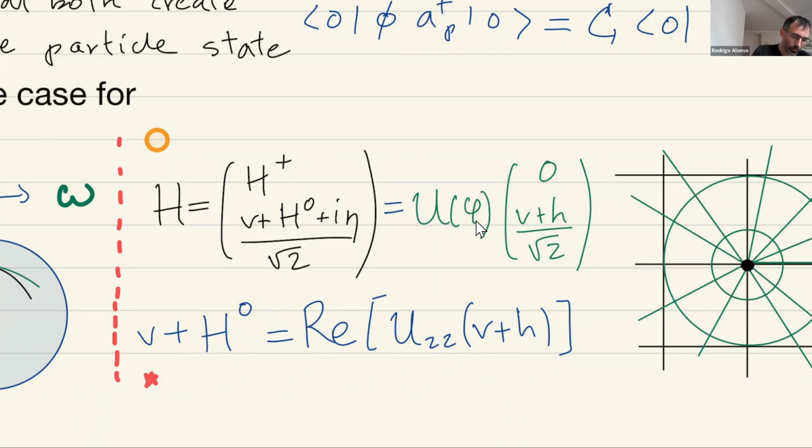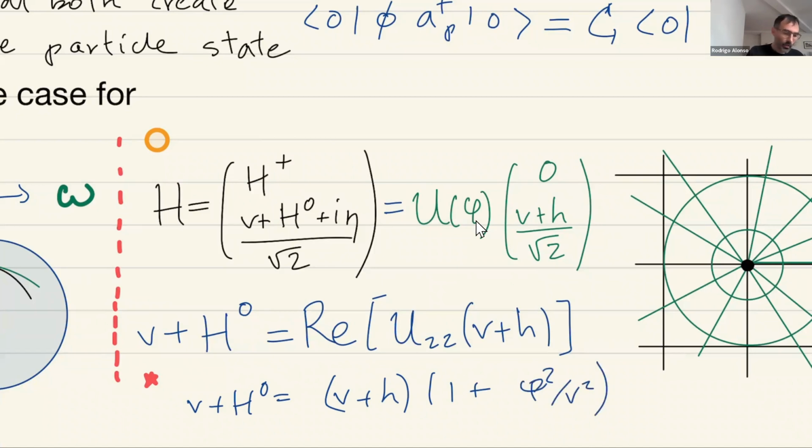But if I write this a bit more explicitly, I will get V plus H0 equals, remember that we expanded around U equals the identity, so this is going to have a 1 plus the next order will be order phi squared over V squared. And that would allow us to cancel out that V term to first order and relate H0 and H. They're not exactly the same, but around the vacuum, they point in the same direction.